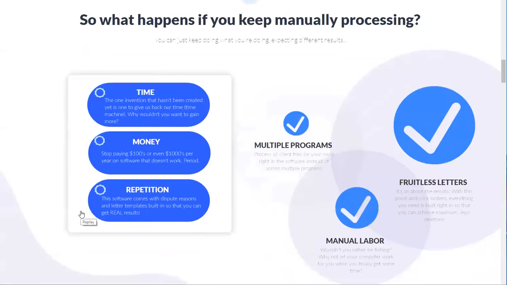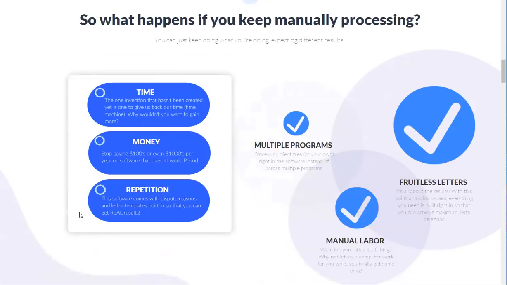What happens if you keep manually processing? This is pretty much common sense, right? You can just keep on doing what you're doing, expecting different results, and you can lose time and lose money, doing the same thing over and over again. You can go and use multiple programs. You can be a manual labor worker.